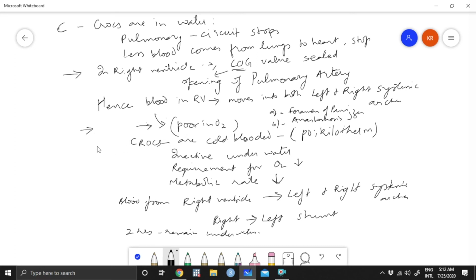But this is okay because crocodiles are cold-blooded and their metabolic rate is less. So in this way, the heart of the crocodile is so designed in order to survive under both conditions, underwater and active on the land.